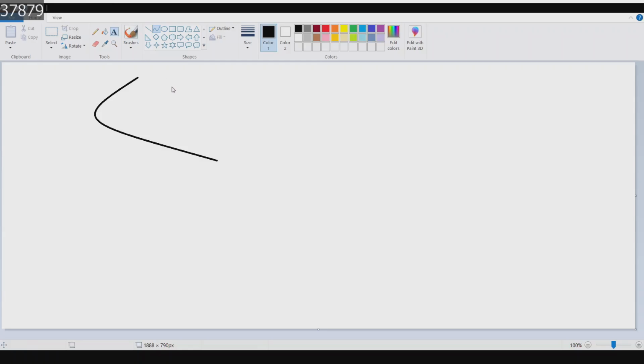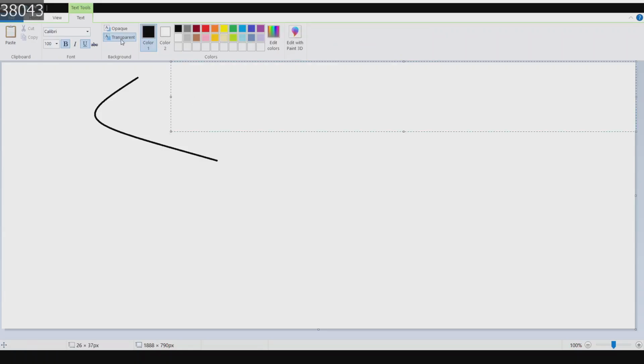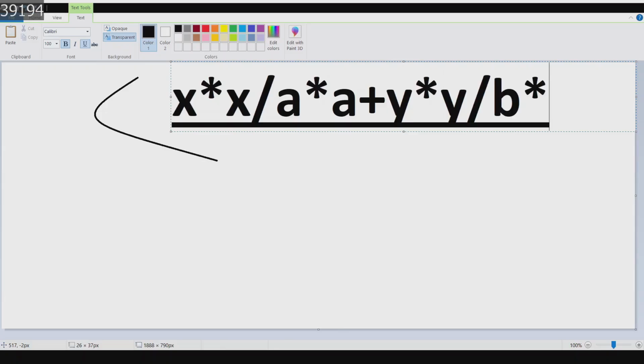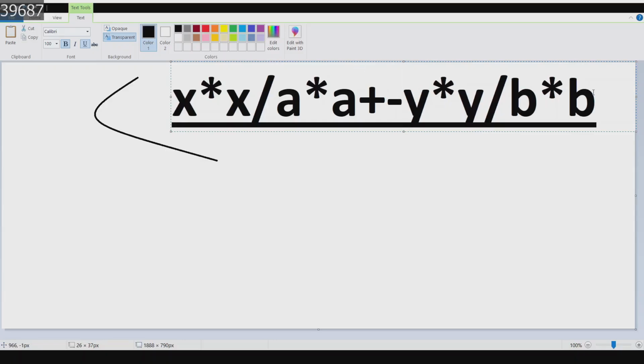So, we have x times x over a times a plus y times y over b times b, put plus or minus there. The last one is just minus.